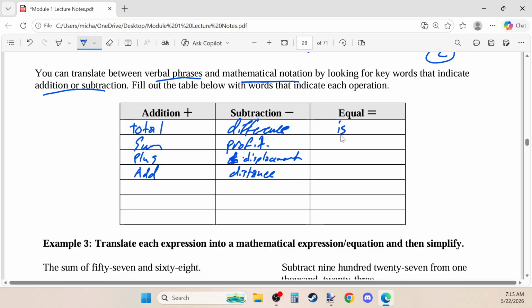Equals, the words is, are, be, equivalent. These are all words that mean equal. The same as, stuff like that.